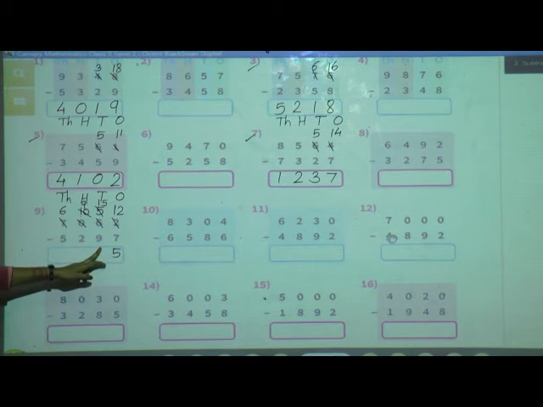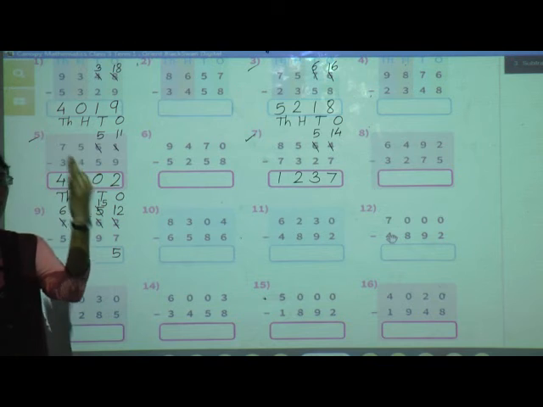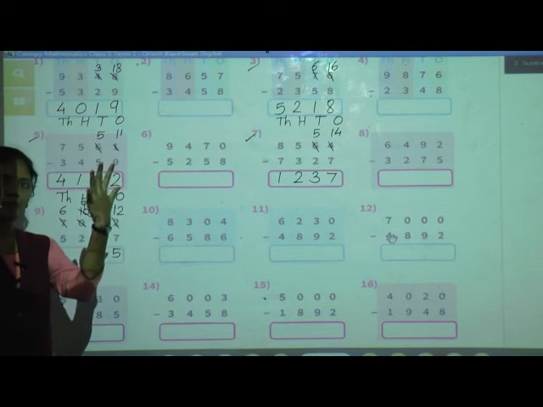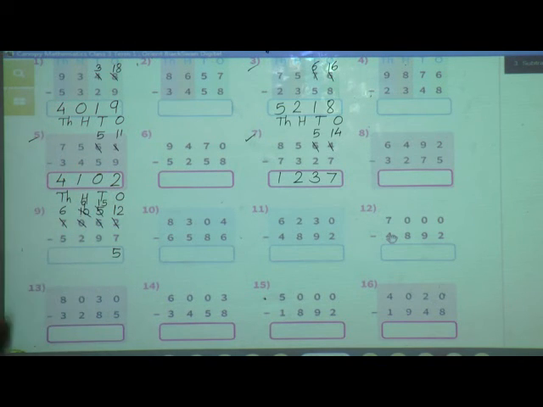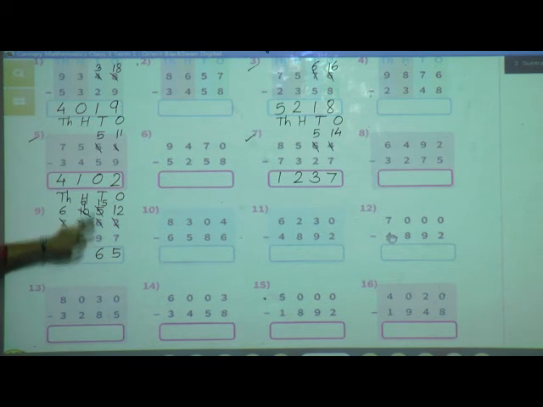See the tens place now. 15 minus 9. Now after 9, count your fingers till 15. Yes, count your fingers. 10, 11, 12, 13, 14, 15. So 15 minus 9 if we do, we will get 6. So we will write 6 at tens place. Okay.